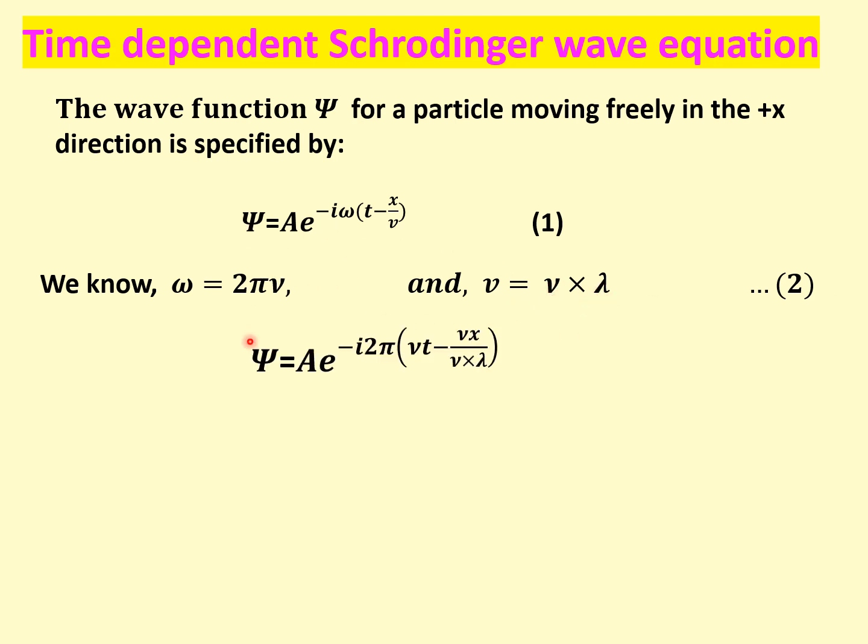If we put these values here, the wave function psi will be a e raised to power minus i, omega equal to 2 pi nu, we can take nu inside the bracket, nu into t minus nu into x divided by b. In place of b we can write nu into lambda, and nu will cancel out, so psi equals a e raised to power minus 2 pi i, nu t minus x by lambda.